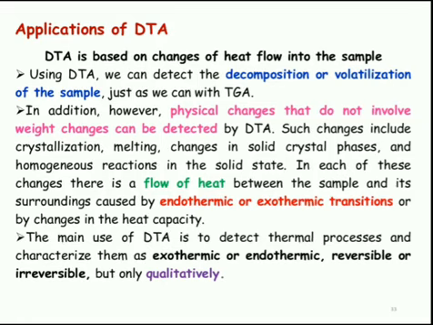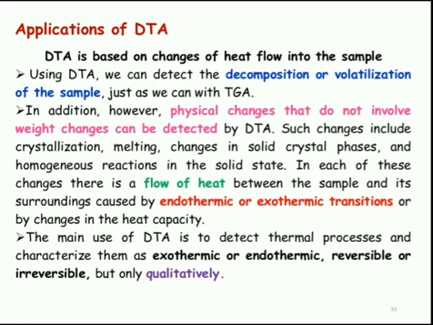Therefore, DTA is based on changes of heat flow into the sample. Using differential thermal analysis, we can detect the decomposition or volatilization of the sample, just as we can with thermogravimetric analysis. In addition, however, physical changes that do not involve weight changes can be detected by DTA. Such changes include crystallization, melting, changes in solid crystal phases, and homogeneous reactions in the solid state.